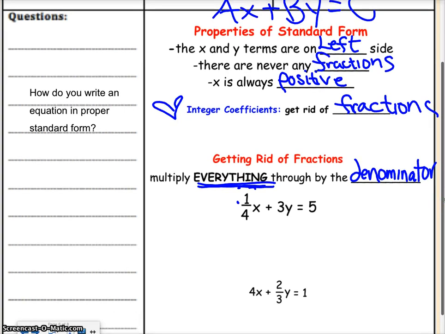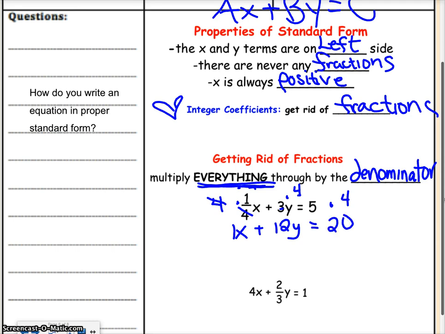So I'm going to times by 4, times by 4, times by 4, because algebra says you can manipulate things all you want as long as you do it to everything. So that cancels this 4 out. Now I'm left with 1x plus 3 times 4 is 12, y equals 5 times 4 is 20.